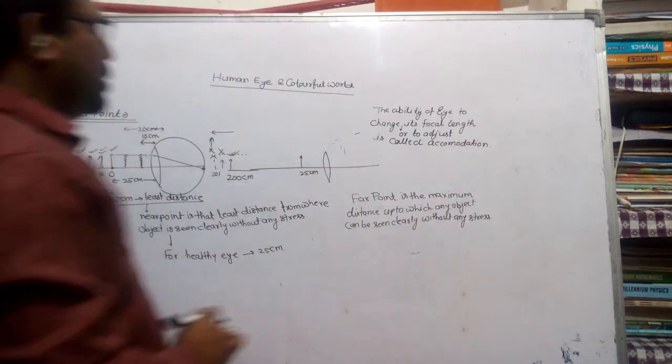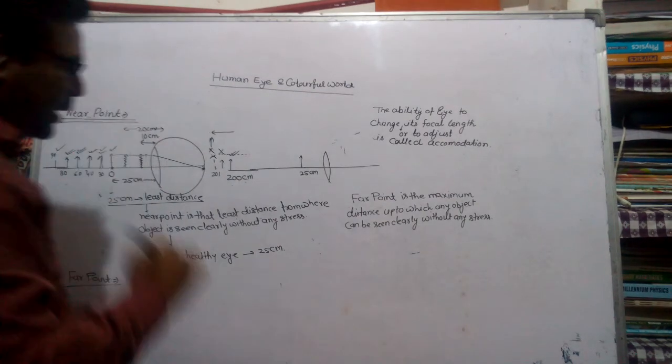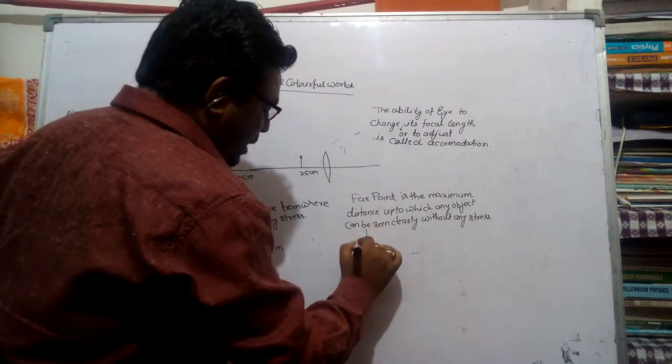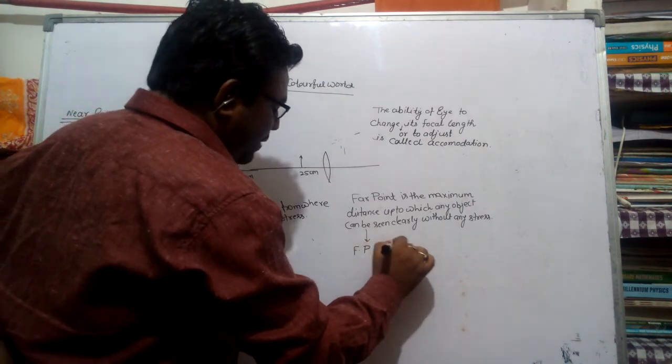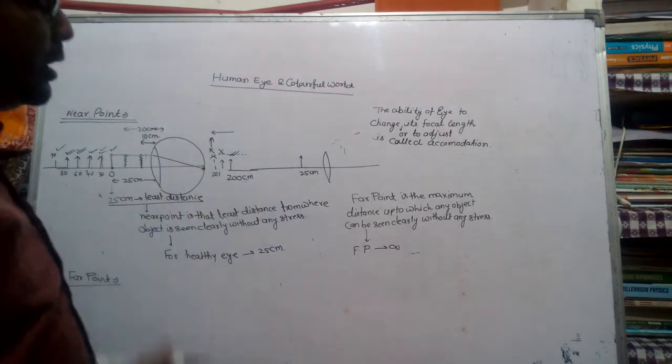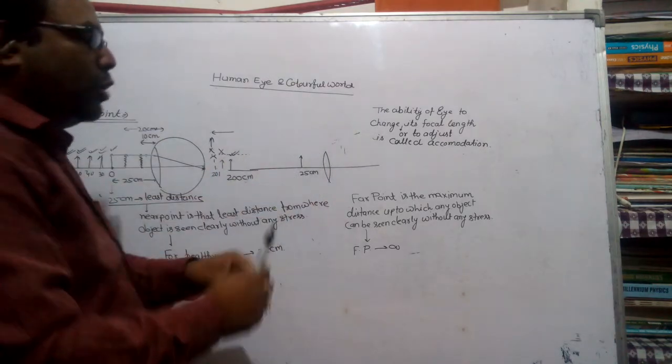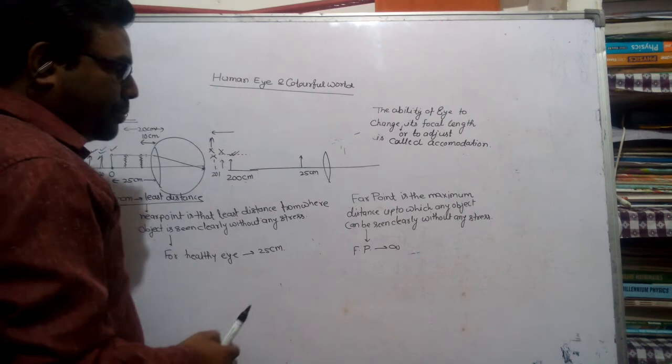Understood? So for a healthy eye, beta, this distance, the far point FP, is infinity. It is assumed infinity. It means up to infinity we can see any object clearly.